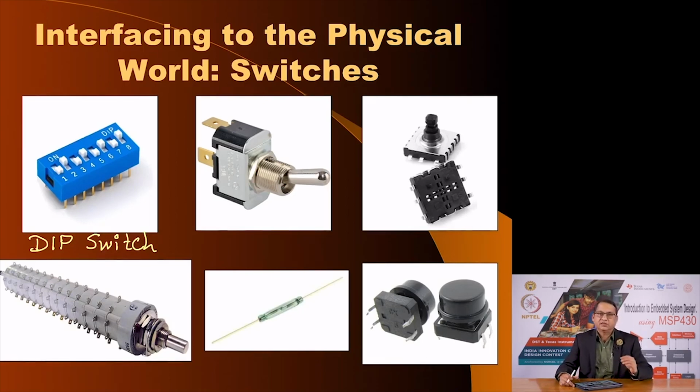You can insert this into a breadboard or into your circuit, solder it, and these switches are so tiny that here in this case there are 8 switches. You can turn them on and off using the tip of a ballpoint pen, because they may be too tiny for you to operate with your fingers. Then here in the second case is a toggle switch. This is a toggle switch.